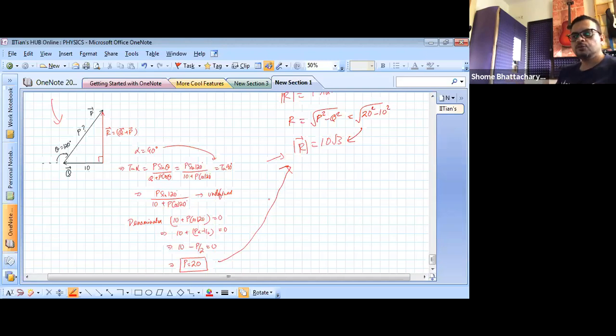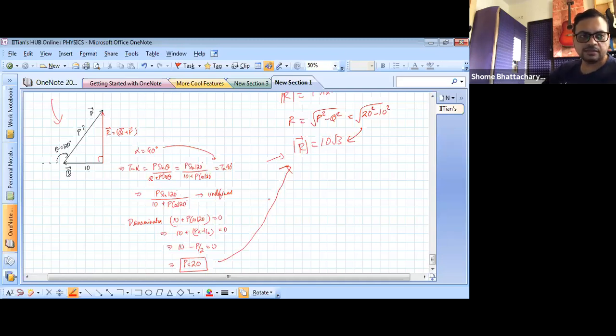Okay, so let's move on to the last question of the worksheet. Now this is a little bit of a complicated question, so I'll explain in detail. So P and Q are two vectors of magnitude such that mod P is to mod Q is 1 is to 2, and the resultant is at an angle of tan inverse root 3 by 2.